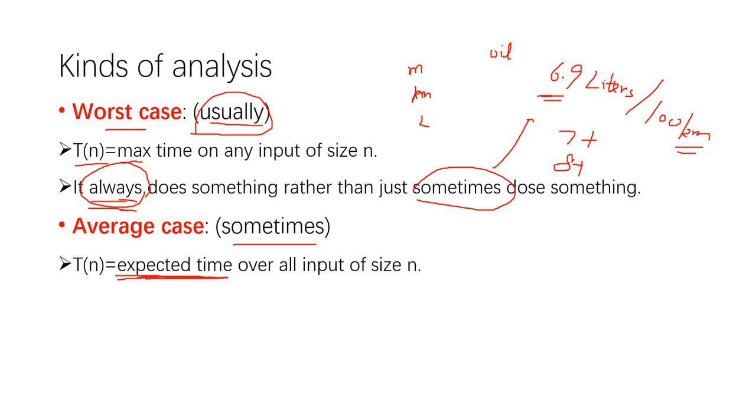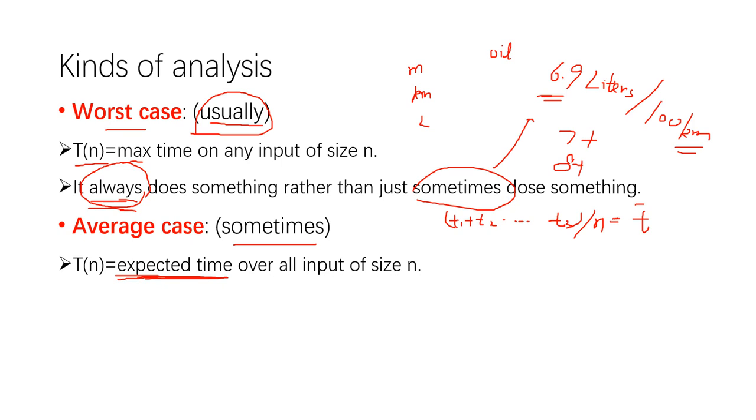If you have learned probability, you should know the expected time. Some students may think that is a kind of average, like T1 plus T2 up to Tn, divided by n. That is the average time.